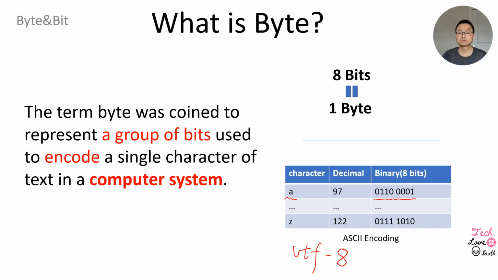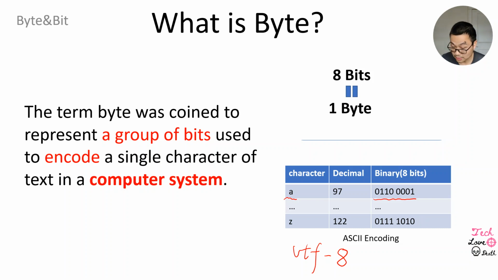So why don't we continue to use ASCII? Let's take a look. ASCII uses 1 byte to represent a character. 1 byte is equal to 8 bits. Okay, 8 bits. And each bit just presents 2 values.